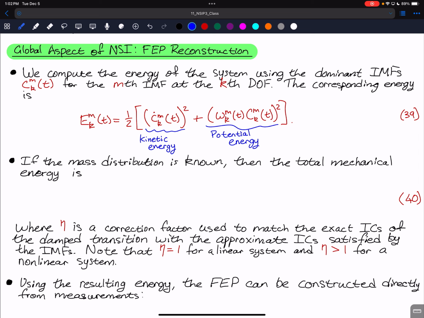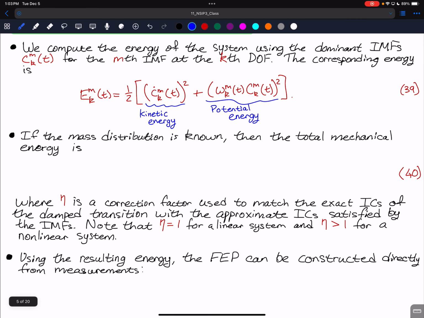And then assuming you know the mass distribution, which is typically relatively easy to compute and know, then the total mechanical energy becomes E sub tot of t equal to eta times the summation from k equals 1 to lowercase n, and summation from m equals 1 to big N. So there are lowercase n degrees of freedom and big N components for each of those degrees of freedom.